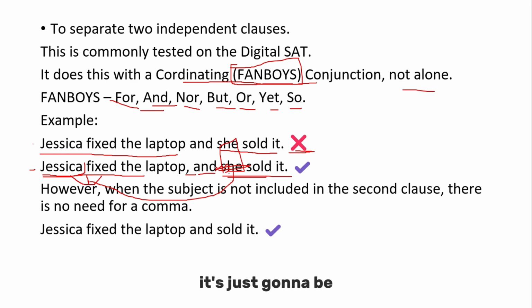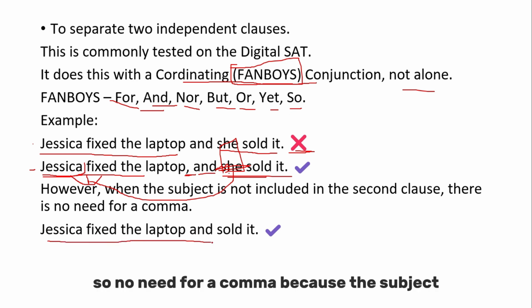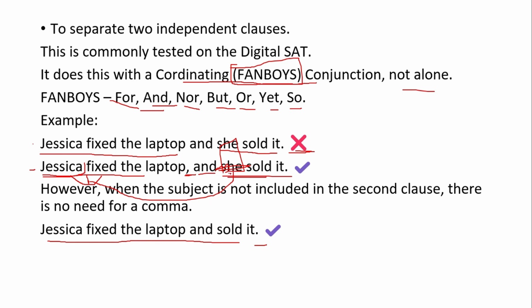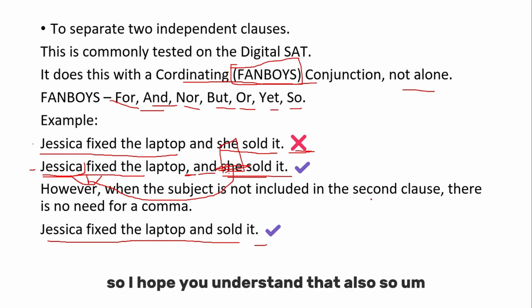It's just gonna be Jessica fixed the laptop and sold it, as is used in this sentence. So no need for a comma because the subject, the word she, is not used in the second clause. I hope you understand that also.